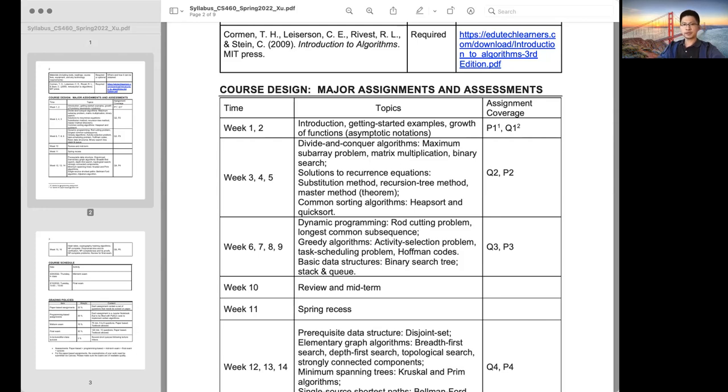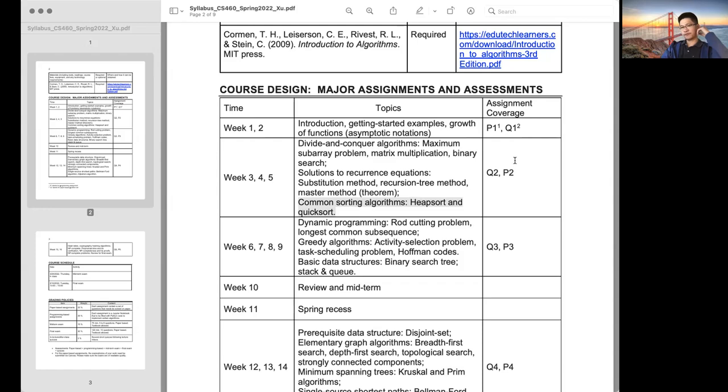When we start the 2 getting-started examples, I will upload the questions on Thursday. But for example, for common sorting algorithms, heap sort, quick sort, there will be more than one Jupyter notebook.